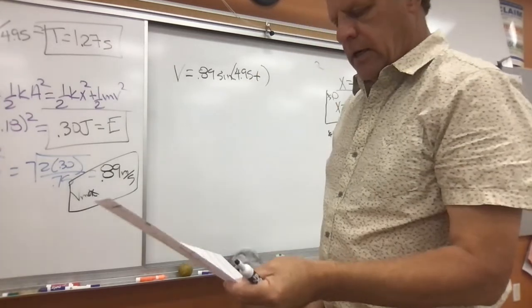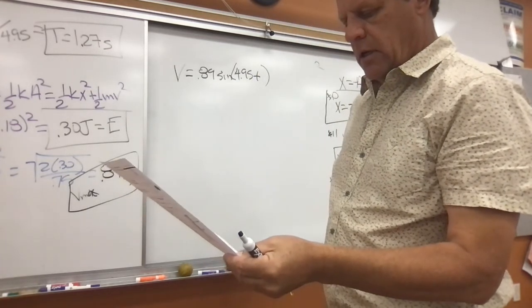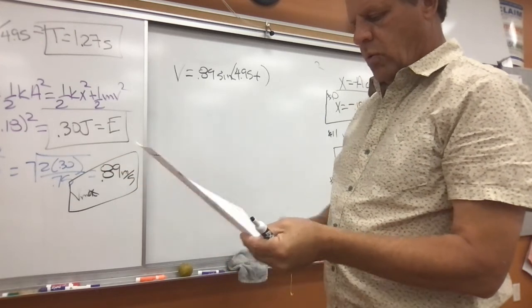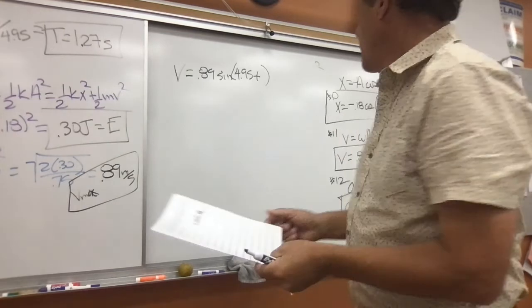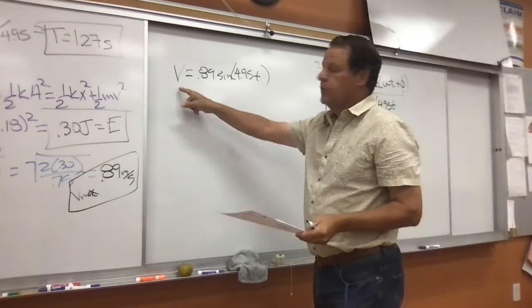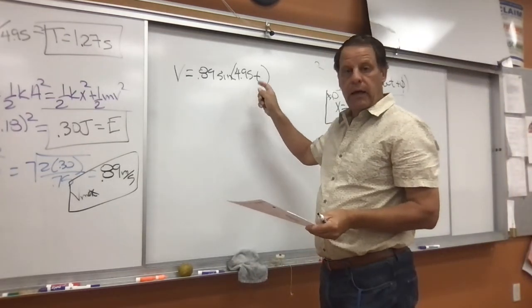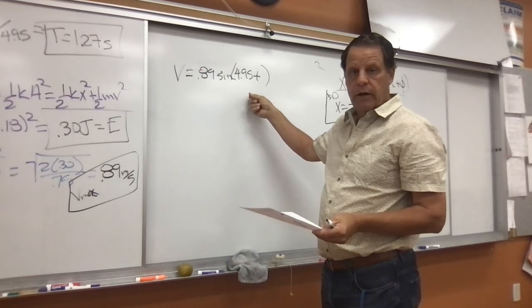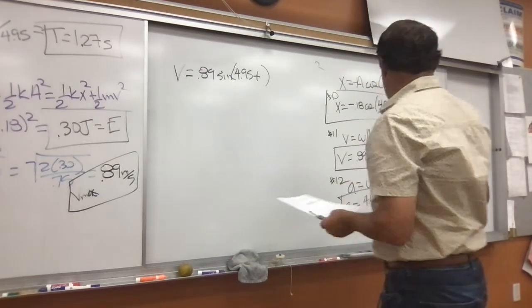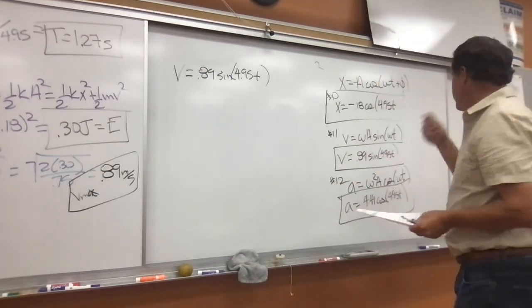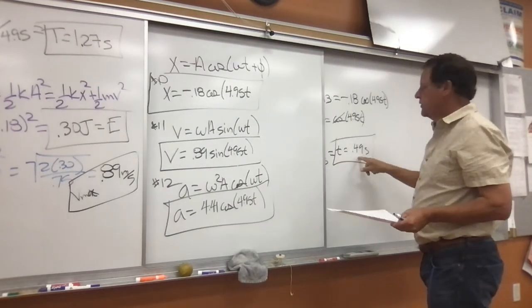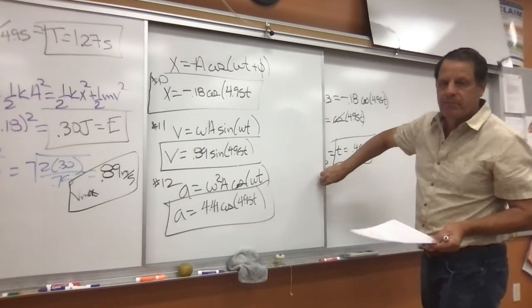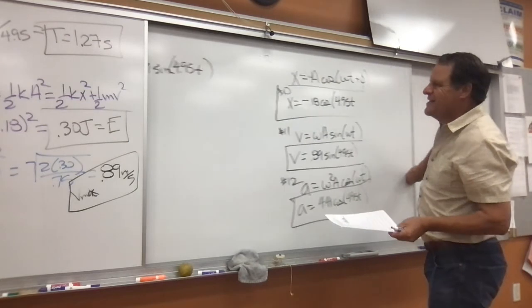And what is the velocity when it reaches the 42 centimeter mark? You guys, we don't see an x in this equation, right? So what we're going to use is the time that we had from over here, which is 0.49 seconds.